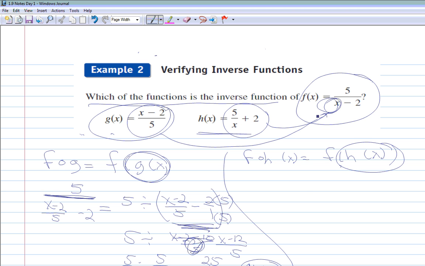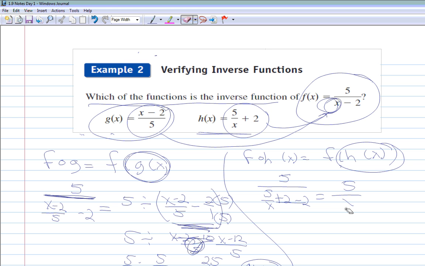So let's try that. Now we have 5 over x plus 2, and then we have minus 2. All right, well, 5 over x plus 2 minus 2, our 2's will cancel, and you have 5 over 5 over x, which we know, that big fraction bar is like division, so you have 5 divided by 5 over x.